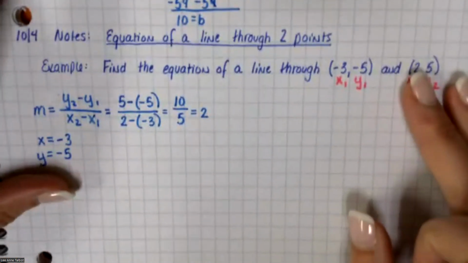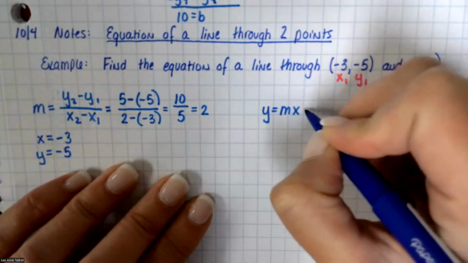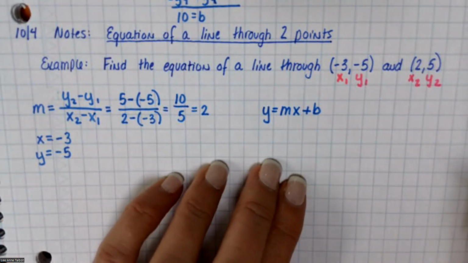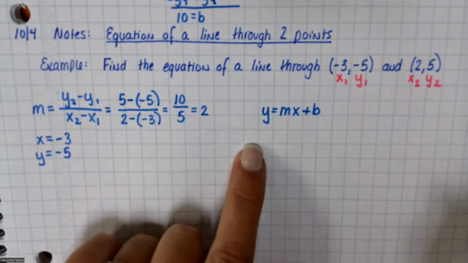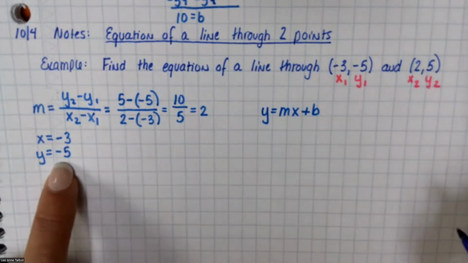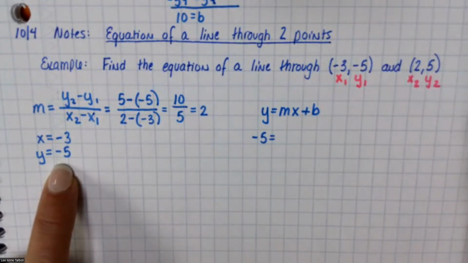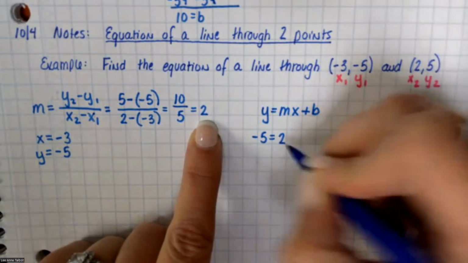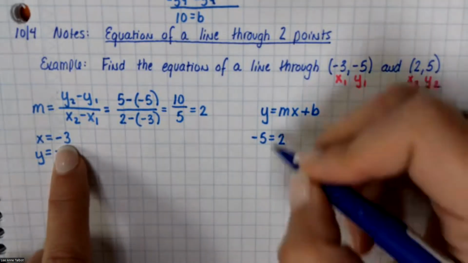Okay. So now this problem switches into a problem like this. So you're going to say y equals mx plus b. Okay, now what is y? -5. What is m? 2. What is x? -3.